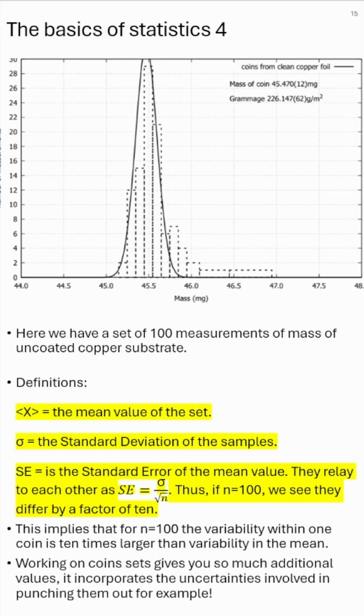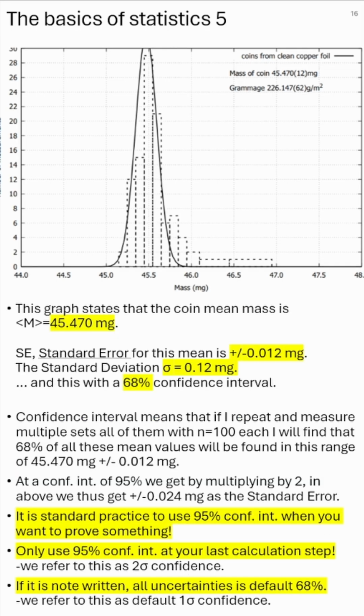So if in this histogram we had 100 measurements, that is the reason why I say that the standard deviation is 10 times larger, because the square root of 100 is 10. So if you take the standard error in this case, that was 0.012 milligram, it will be square root of 100 larger. That means 10 times larger. So it will be 0.12 milligram.